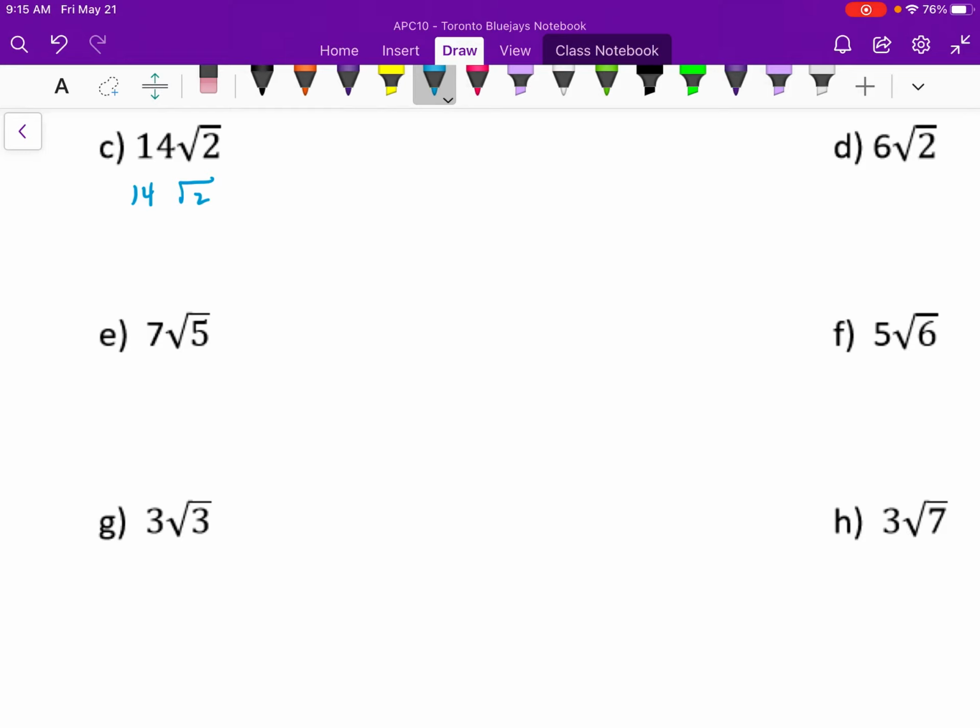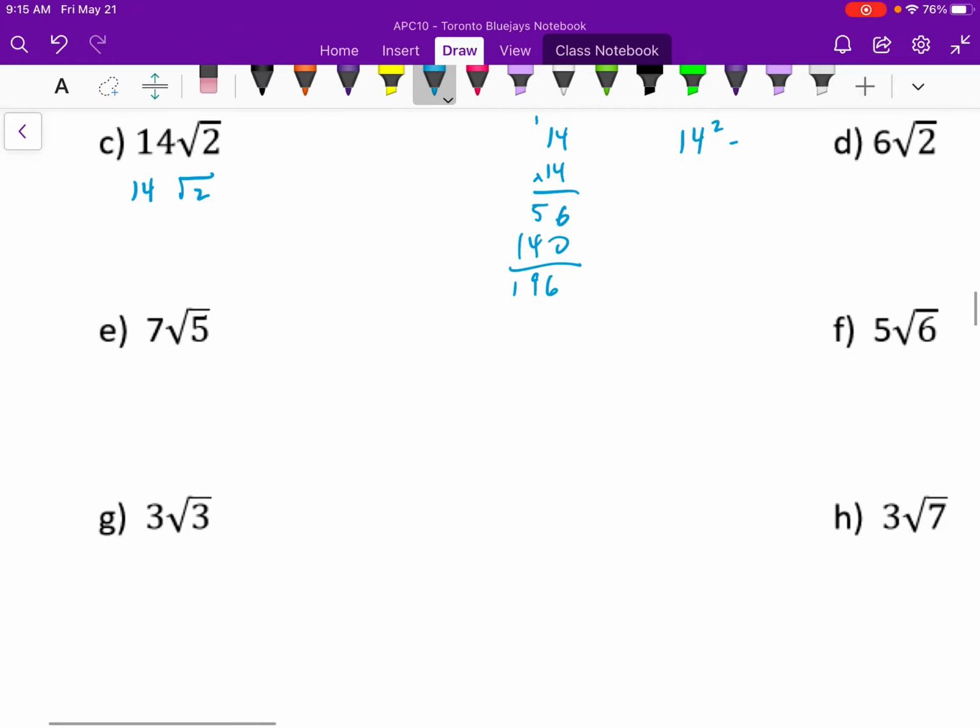I do this, I spread it apart to make it clear in my mind that I'm dealing with the coefficient and the radical. Now, I believe 14 times 14, yeah. In other words, I know that 14 squared is 196.